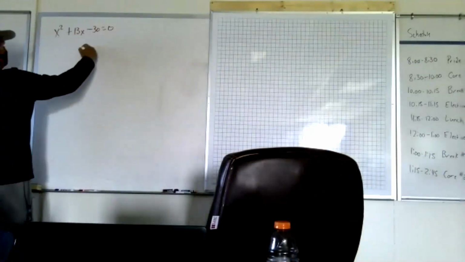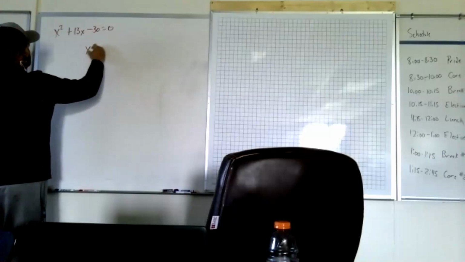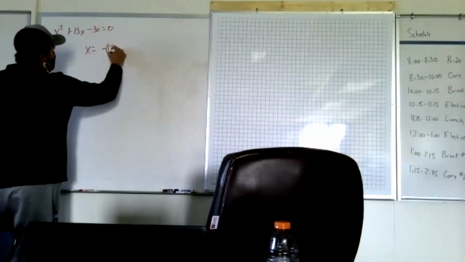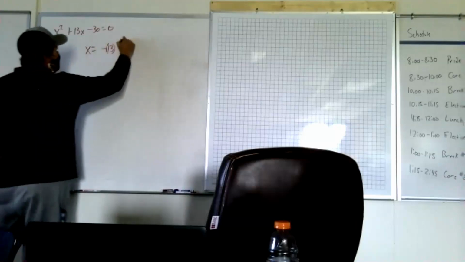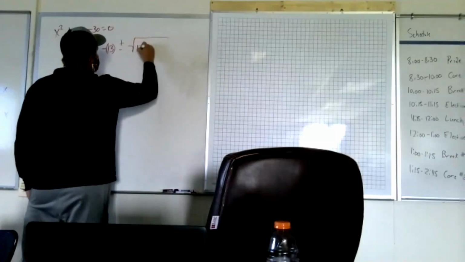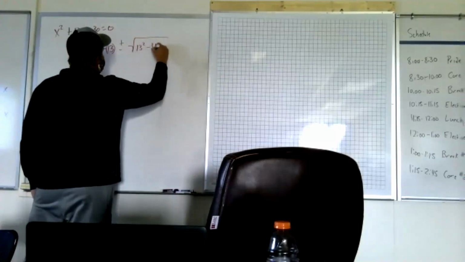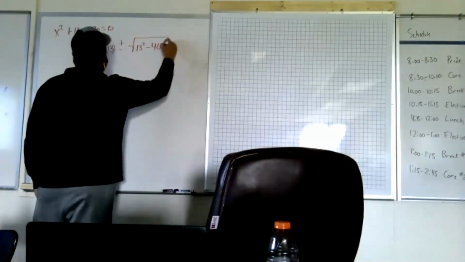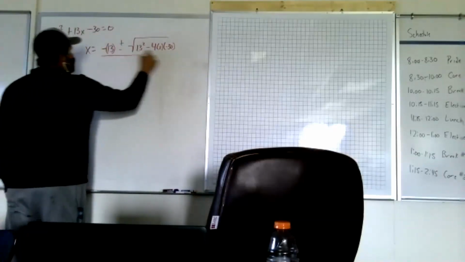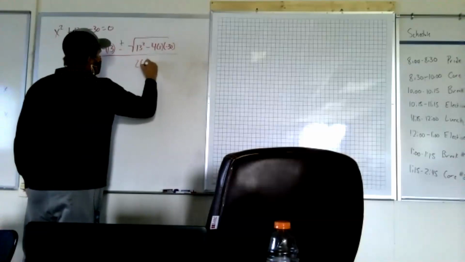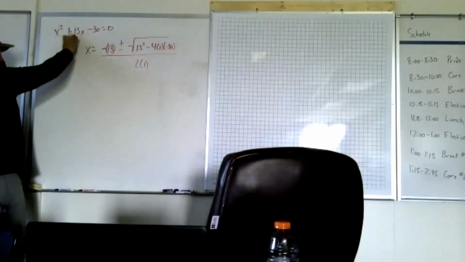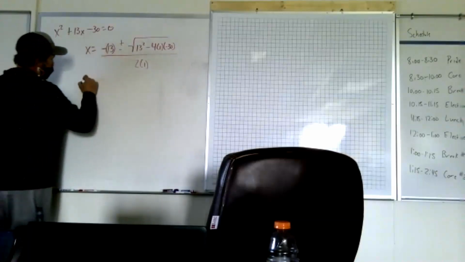So for this one, x is equal to negative 13, plus or minus the square root of 13 squared minus 4 times 1 times negative 30, all divided by 2 times 1. And we can simplify. The negative 13 will stay because it was positive in the original equation.